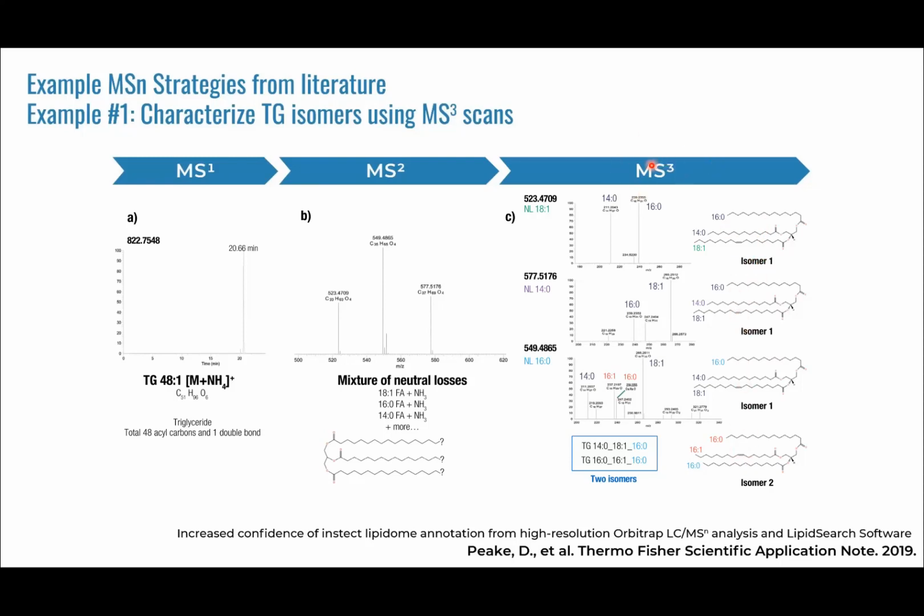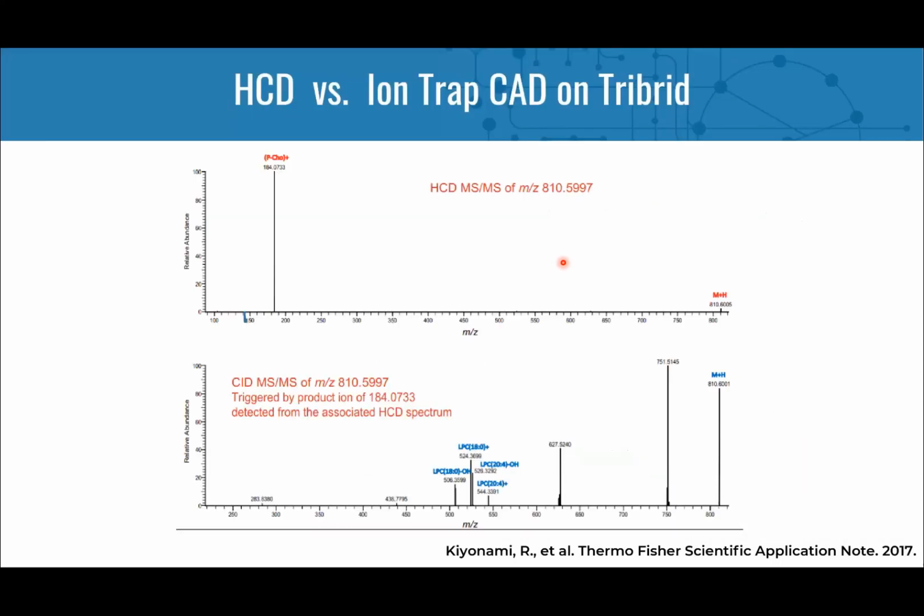But you have to be able to do MS^3 in this case. This would require the ion trap. That was done manually, by the way. Here's a case where you have ion trap collisional activation producing a much better spectrum than an HCD spectrum. I didn't go into ion trap CAD, but it's a bit different than beam type HCD. So it produces a different spectrum. So here you can see it's beneficial to use a different type of collisional activation.